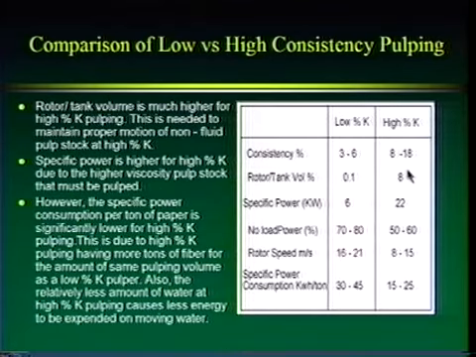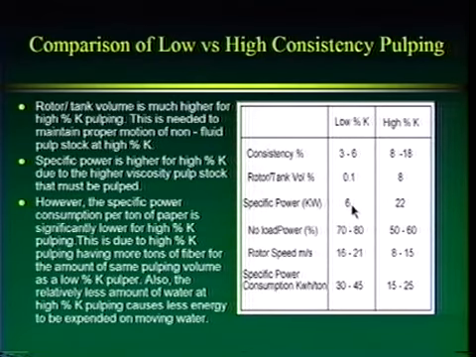For the high consistency pulper, because the material will not flow by itself, and because the material is so viscous, we need to have a much larger rotor that can grab pulp from the different areas of the pulper and agitate it. So what you notice is that the high consistency pulper has 8% of its volume taken up by the rotor.